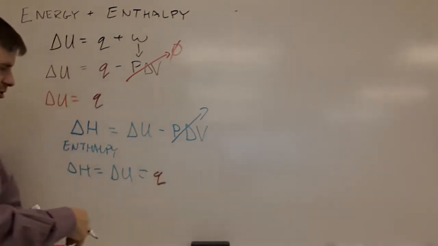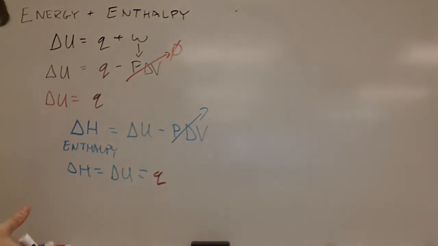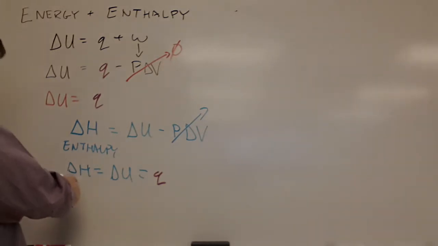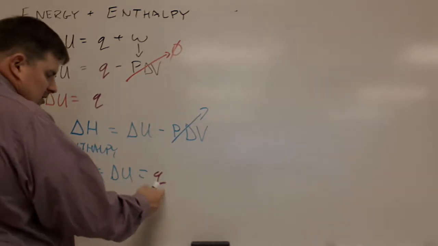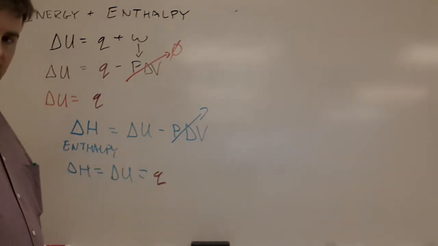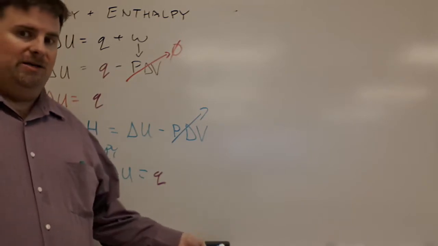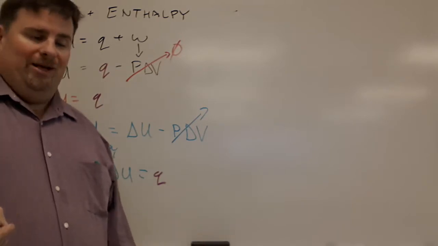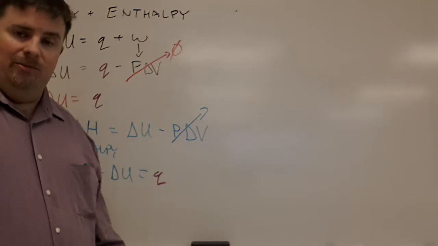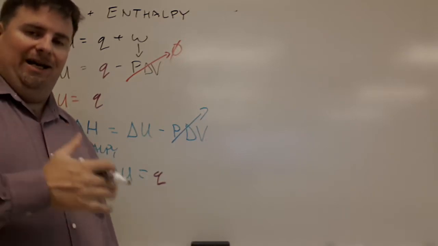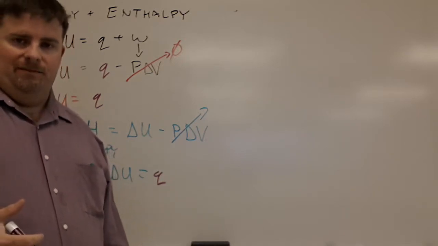So long as pressure and volume are kept constant, my enthalpy in this case is going to be equal to the heat of the system. Why is this important? I've just derived something for you. It is important because when we measure the heat of the system, what we can measure is the direct energy change of the system.